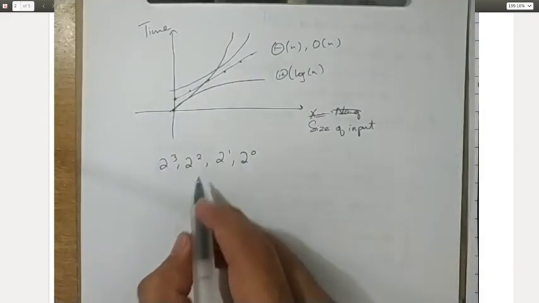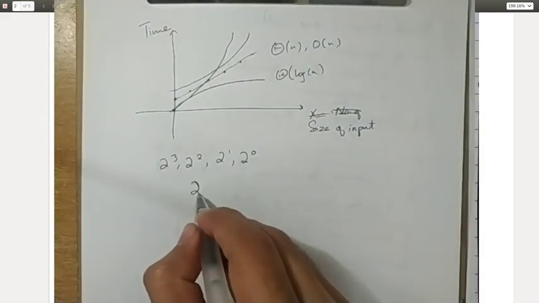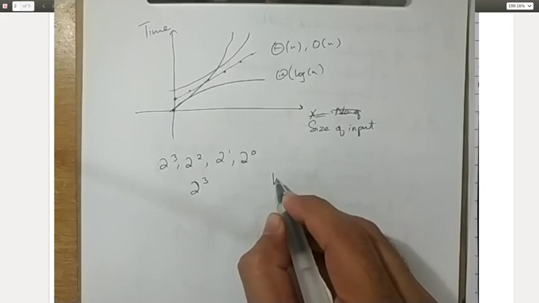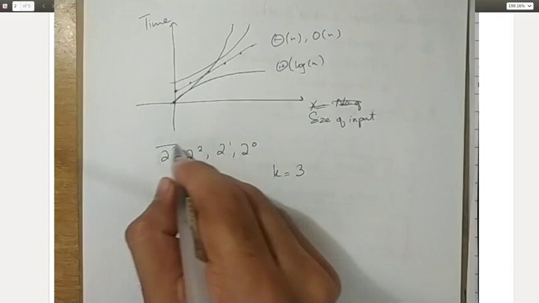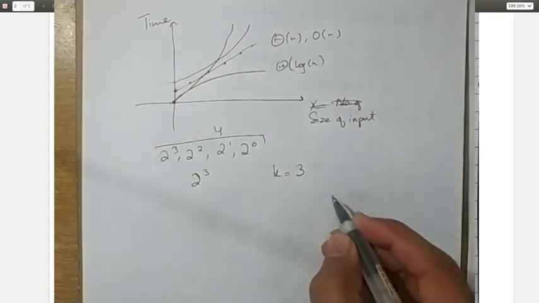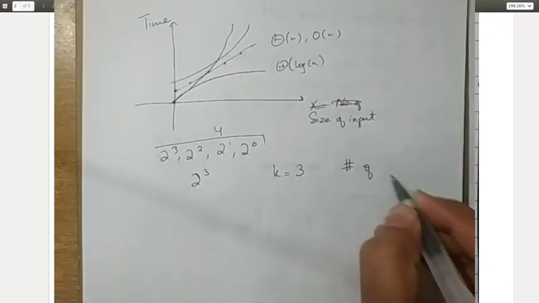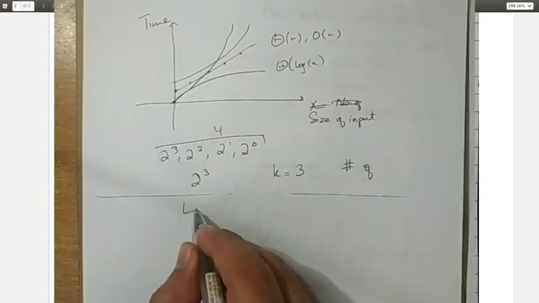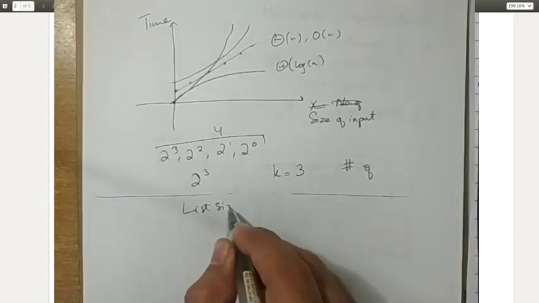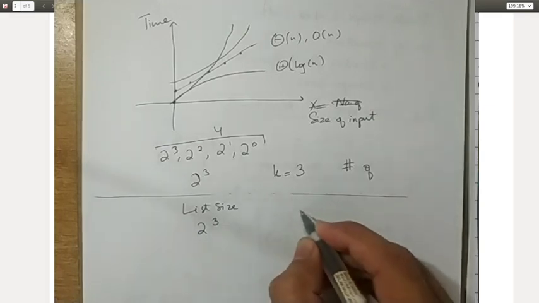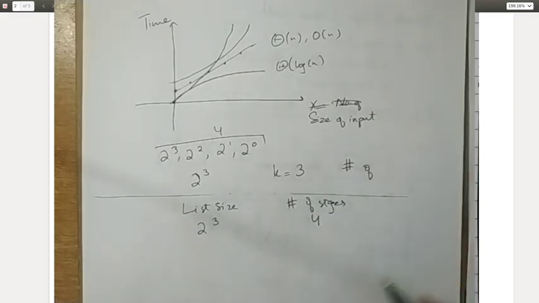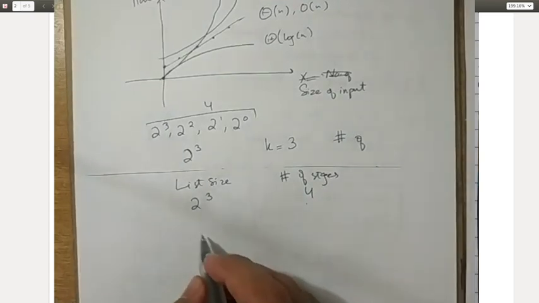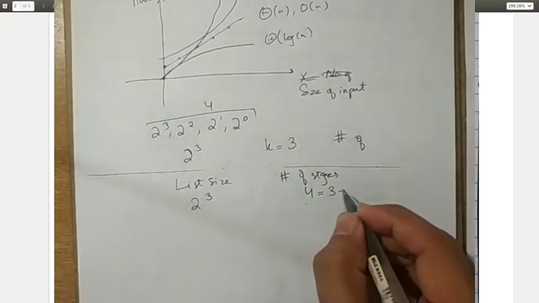If you think about k equals 3, then the number of stages that you had were 4. So if your list size is 2 to the 3, the number of stages is 4, which is 3 plus 1.